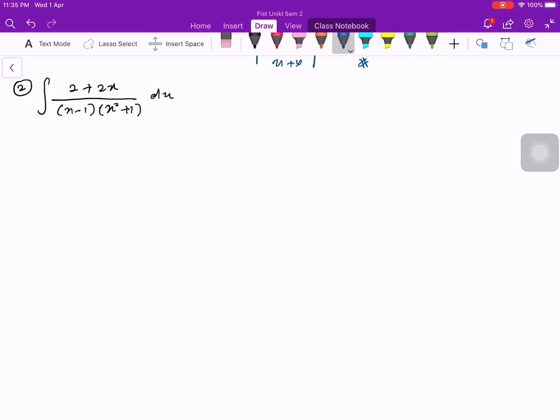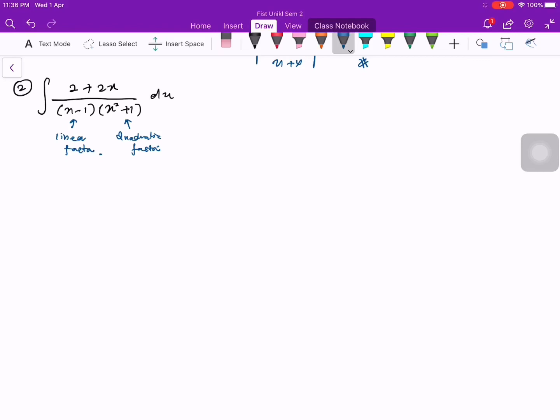If we look at the denominator, we have two factors. The first one is known as a linear factor, and the second one, x squared plus 1, we consider as a quadratic factor. To decide it is a quadratic factor, we must make sure the quadratic cannot be factorized. So x squared plus 1 we definitely cannot factorize.